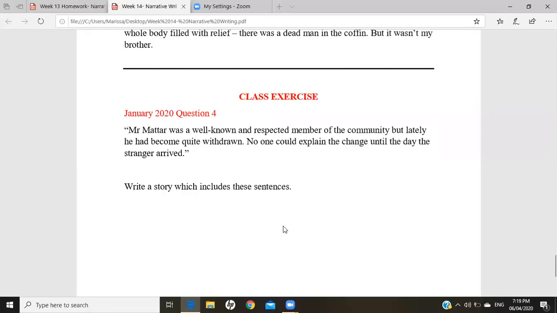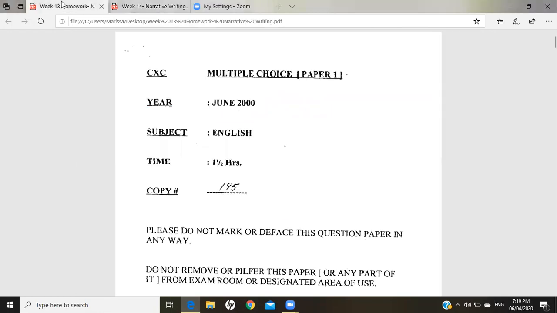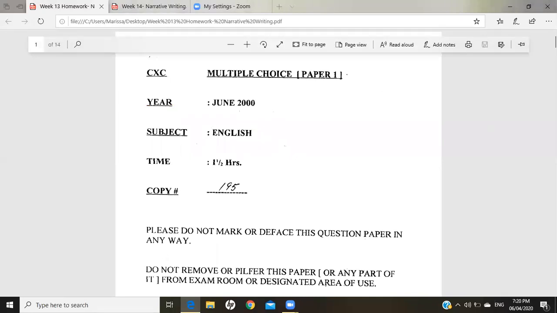Do you have any more questions about this handout or anything on narrative writing? No. Good. So let's move over to your homework, which was the June 2000 multiple choice paper.